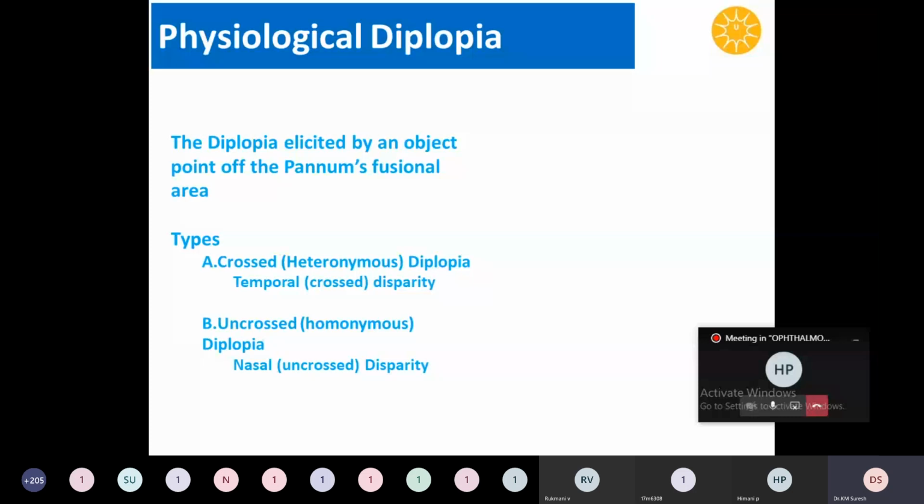In crossed heteronymous diplopia, a temporal disparity is seen, and in uncrossed diplopia, nasal disparity. Uncrossed diplopia is also seen as physiological diplopia. If you bring your finger much closer, then you can see two fingers. That is nothing but physiological diplopia.